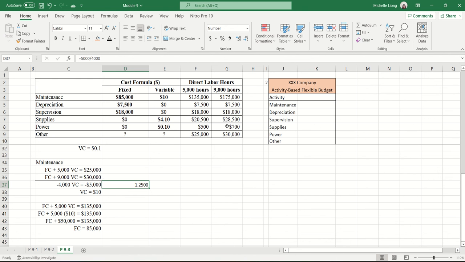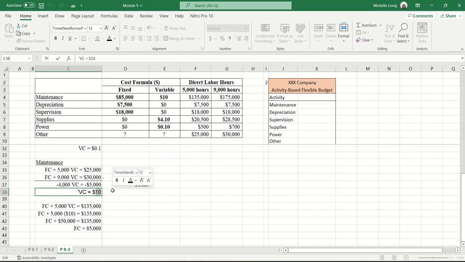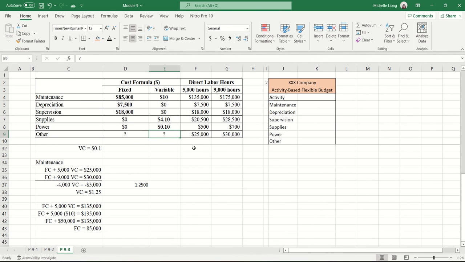Okay, wait for a minute. Okay, it's correct, so we can put it here, 1.25. Okay, so right here, variable cost is 1.25. Okay, continue to the fixed cost. Just insert that. So this one is changed to 25,000.